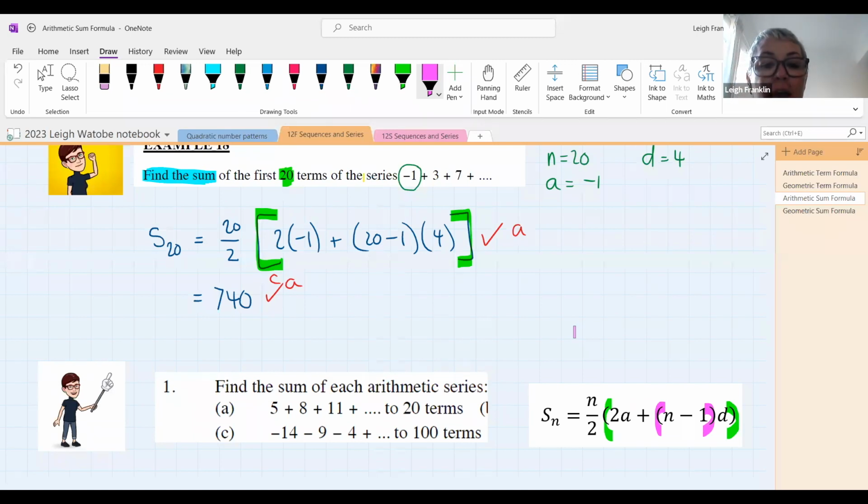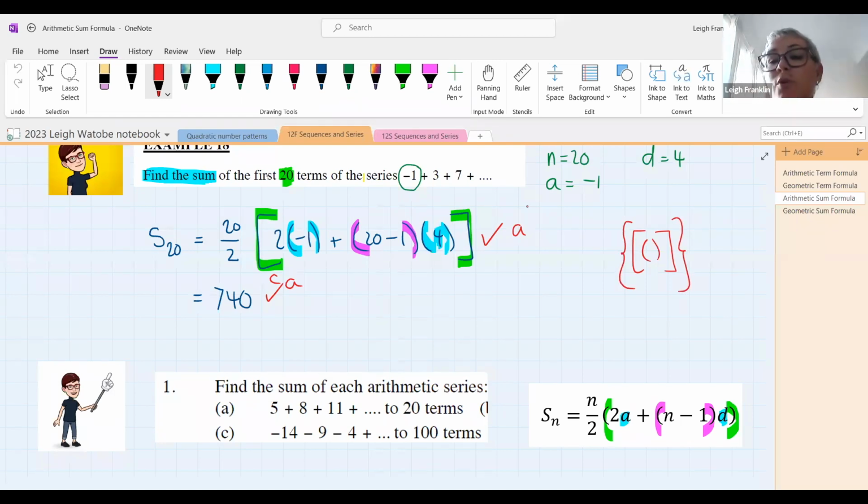The reason I've got brackets around the -1 is because this is where I substituted in place of the A. And over here, these brackets are where I substituted in place of the D. Normally, if we've got brackets inside brackets inside brackets, we would have round brackets, and then square brackets on the outside. And if you needed more brackets, that's when you would use curly brackets, but it all means the same thing. Okay, Teddy? Hope that's all good.